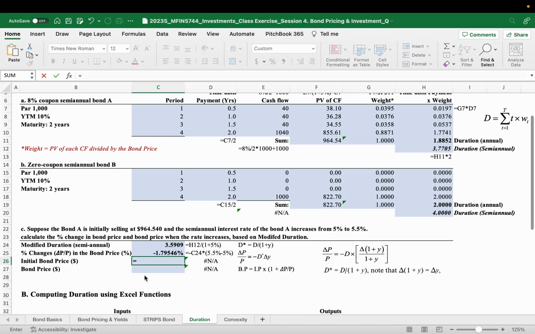Now here we apply the initial bond price, 964.54. Then let's apply this bond price times 1 plus the percentage change. So we can calculate the bond price, 947.